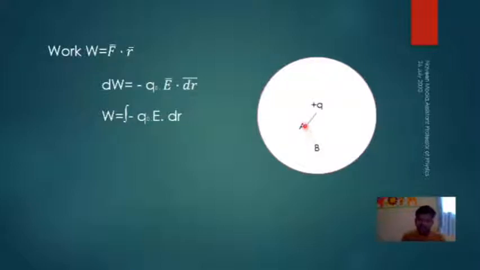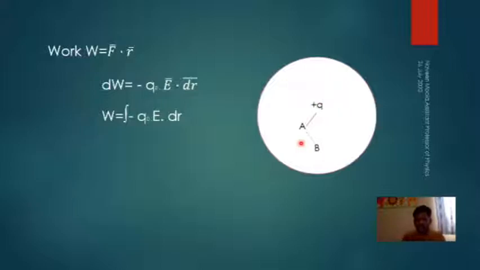Or if we are moving minus Q naught, even then minus Q naught is attracted by plus Q. Against that force, we need to move minus Q naught from A to B. In each case, the work is done against the force.